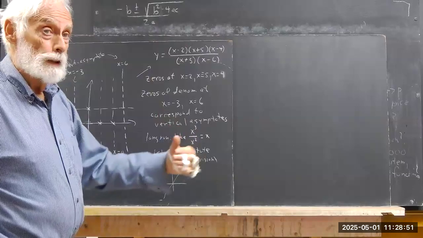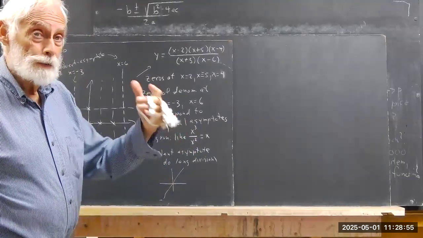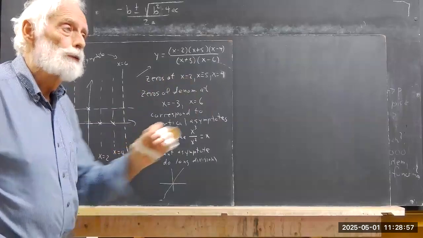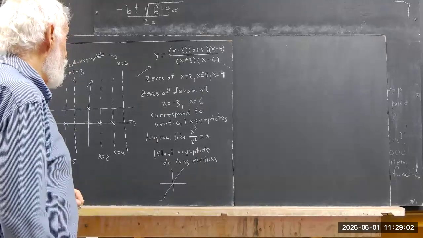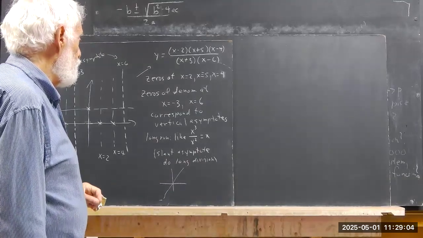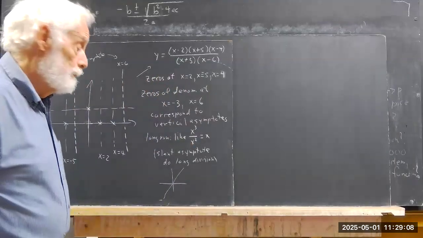What is a graph of 1 over x plus 3? Well, it's a graph of 1 over x. That's a reciprocal graph, shifted 3 units to the left. Okay.